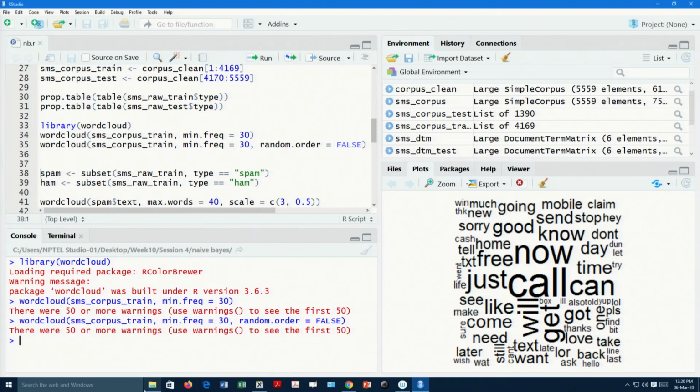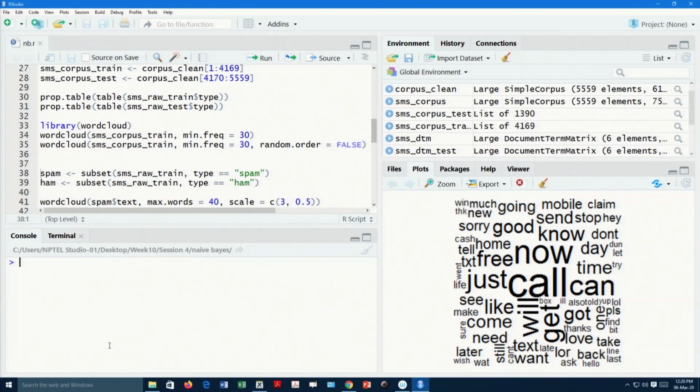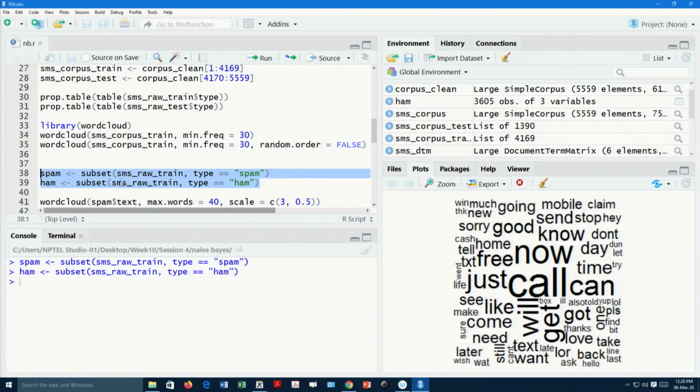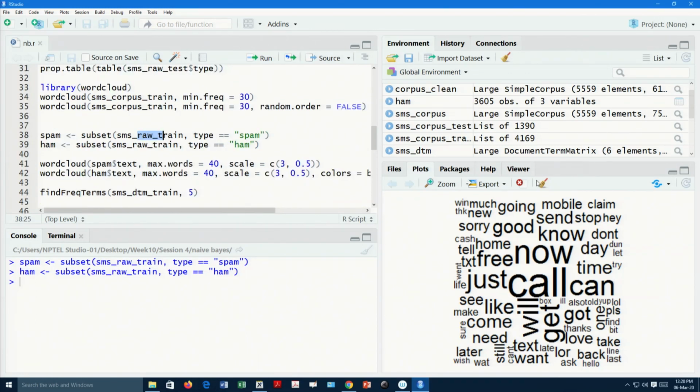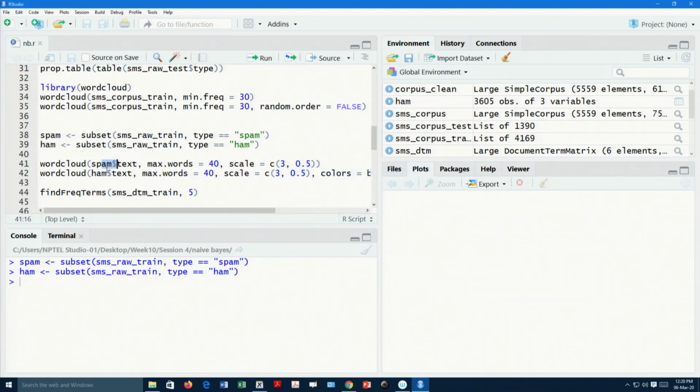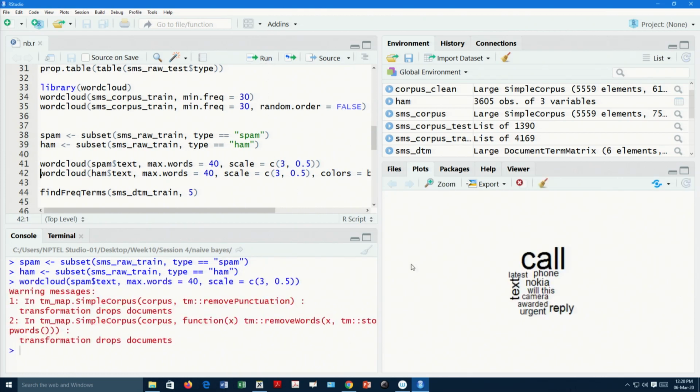So, what I do next is I divide the data set into spam and ham. Subset the raw data into spam and ham, and now I will draw it with spam and then I will draw it with ham. So, I have drawn it with spam.